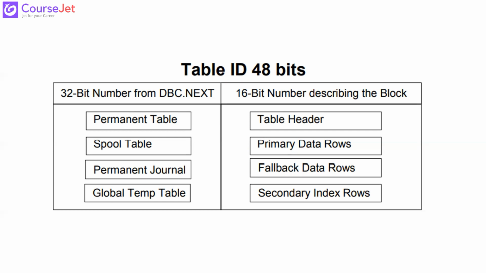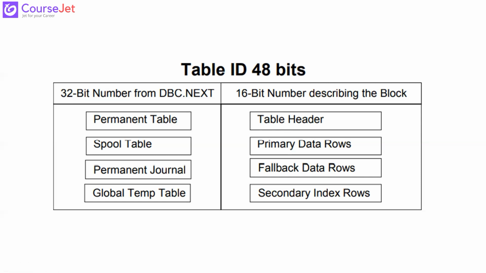This table header again contains the sub details about the columns, data types, those kind of details, right? So this 16-bit will have details about this table header, primary data row, whether it is fallback, those kind of details will be stored here, along with the table header.